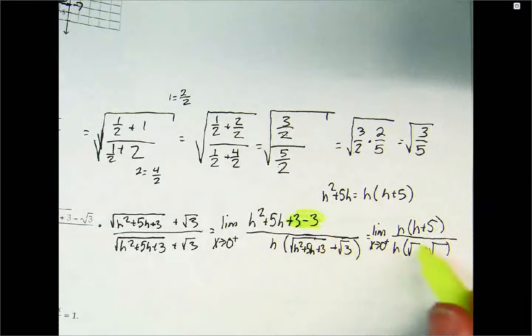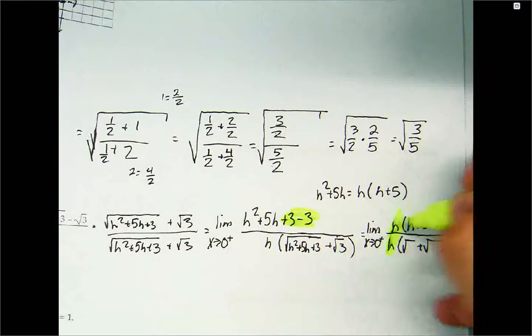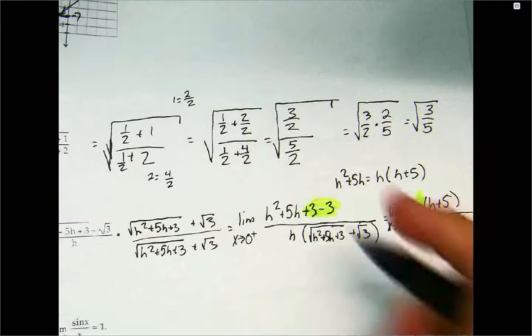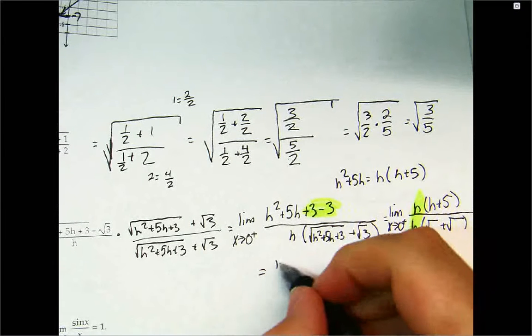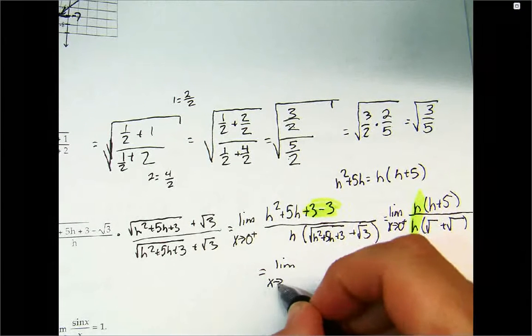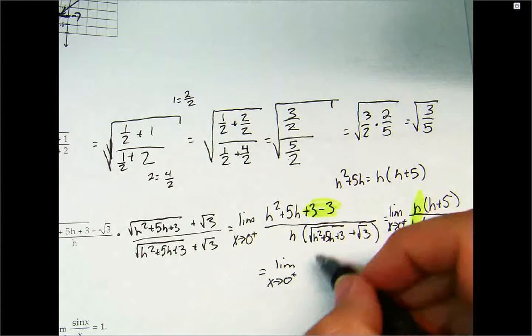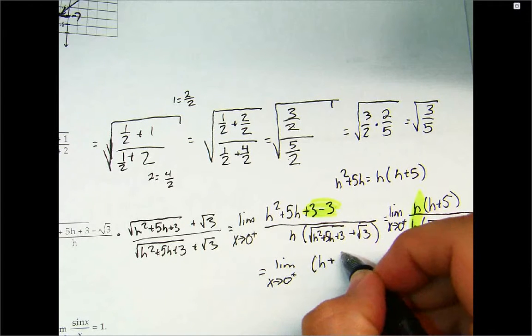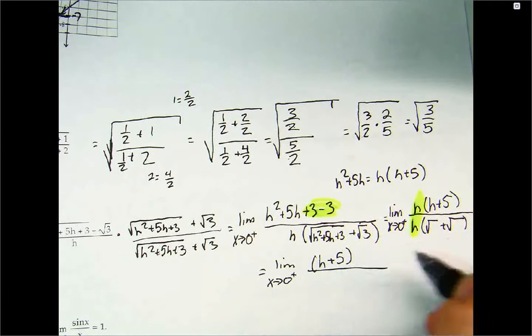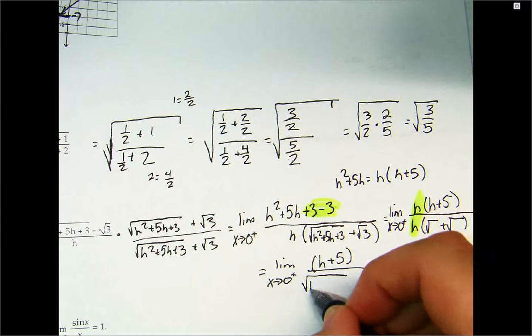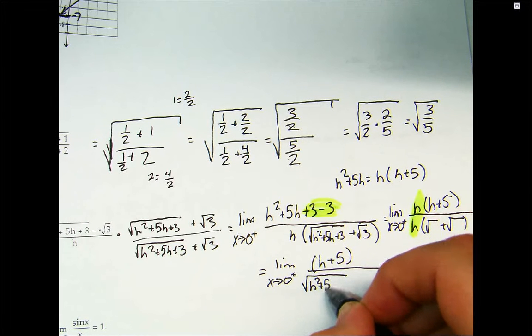So I'm left with the limit as h goes to 0 from the right of h plus 5 over the square root of h squared plus 5h plus 3 plus the square root of 3.